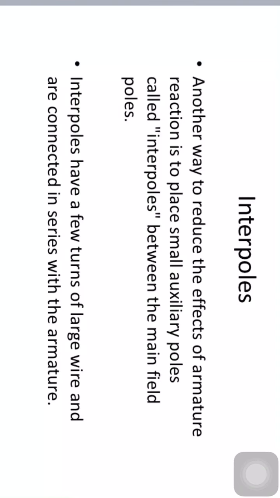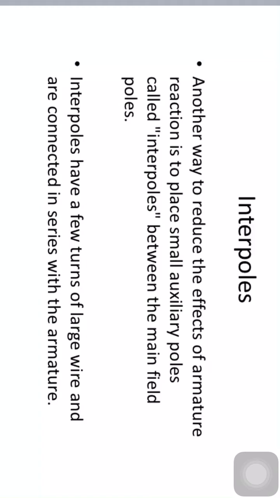Interpoles not only reduce the effect of armature reaction, but in addition produce some extra mmf in the interpolar zone. This extra mmf in the interpolar zone induces rotational emf in the short circuited coil undergoing commutation in such a direction as to oppose the reactance voltage in the coil.